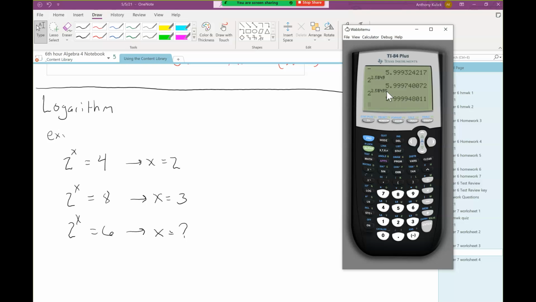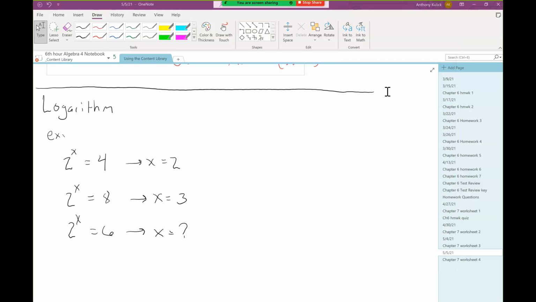What's the pattern? I don't see a pattern, right? So what kind of number goes on forever and its digits don't repeat in any kind of a pattern? We have a special name for a number like that. Well, e is an example of that kind of number. Those numbers are called irrational.